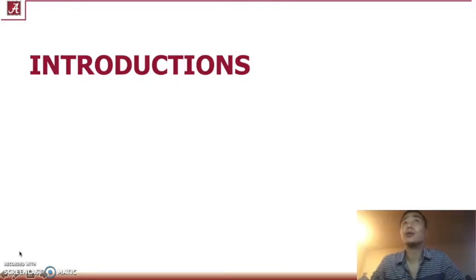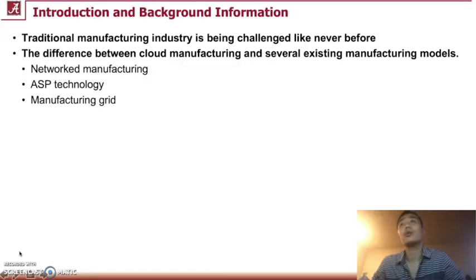Here is the introduction and background information of this paper. In the 21st century, with the rapid development of science and technology, driven by emerging high-tech applications, the traditional manufacturing industry is being challenged like never before.